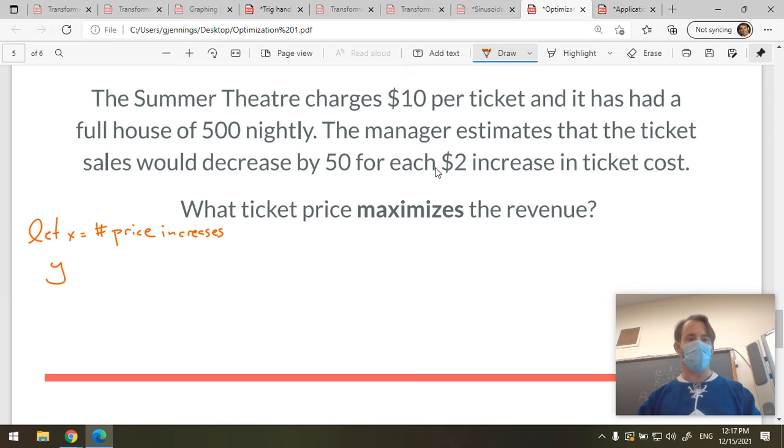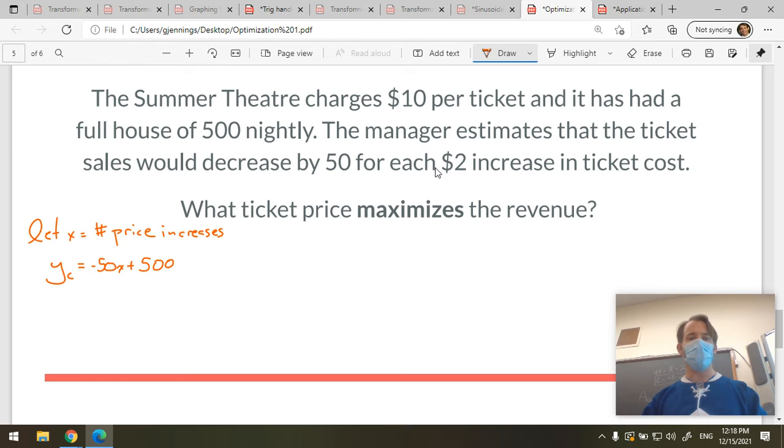We're going to call this y, but it's the number sold, so I'm going to say n here. Y is equal to, we would sell 500 with 0 increases, so I'm going to put that over here. And I'm going to add on the number of people we lose for every increase. So we're going to have a -50 people for every x.